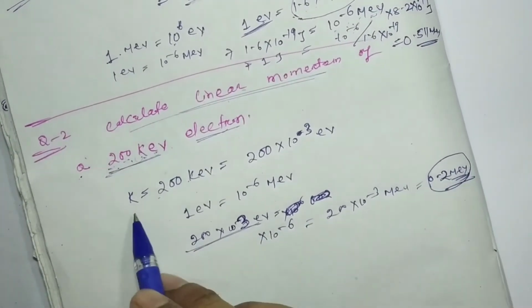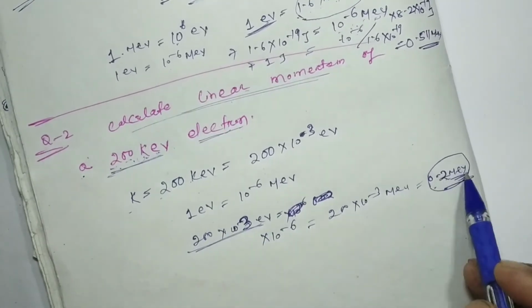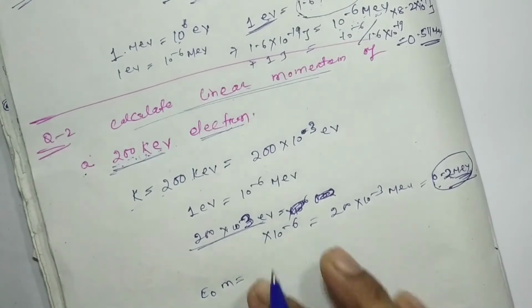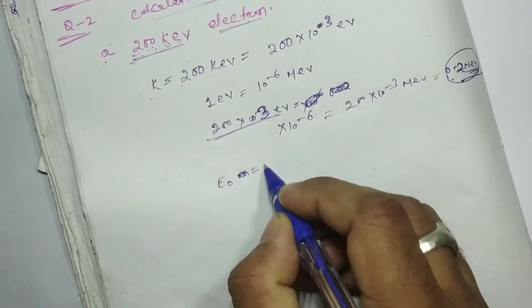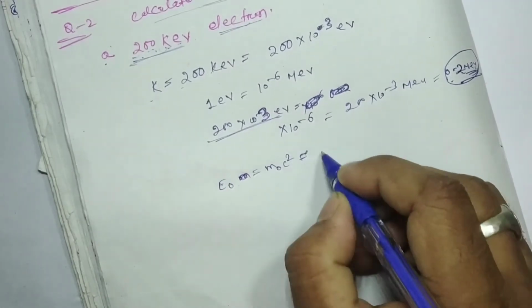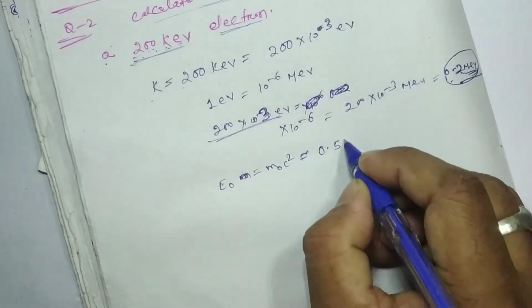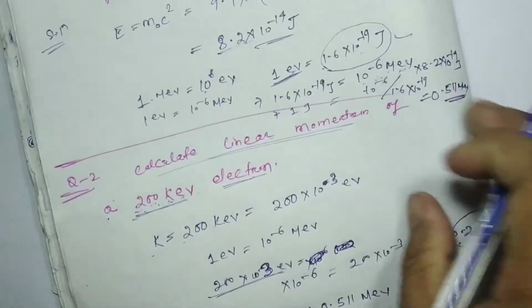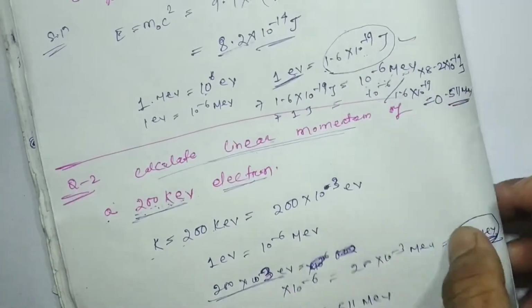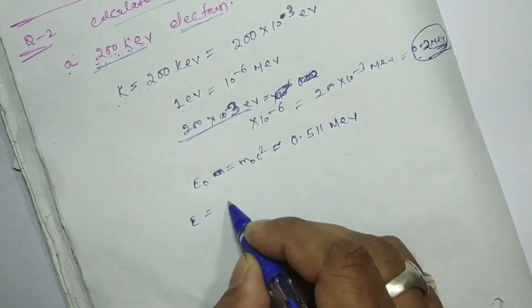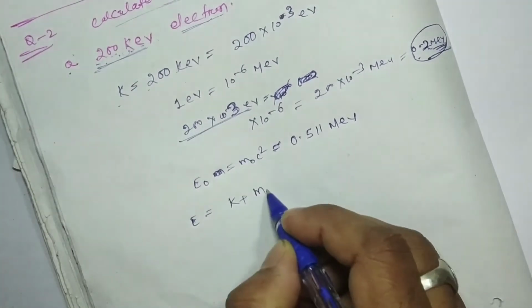So its energy we found is 0.2 mega electron volt, and its corresponding rest mass energy is equal to m0 c square. You just calculate, it will be approximately 0.511 mega electron volt. Total energy E is nothing but K plus m0 c square.